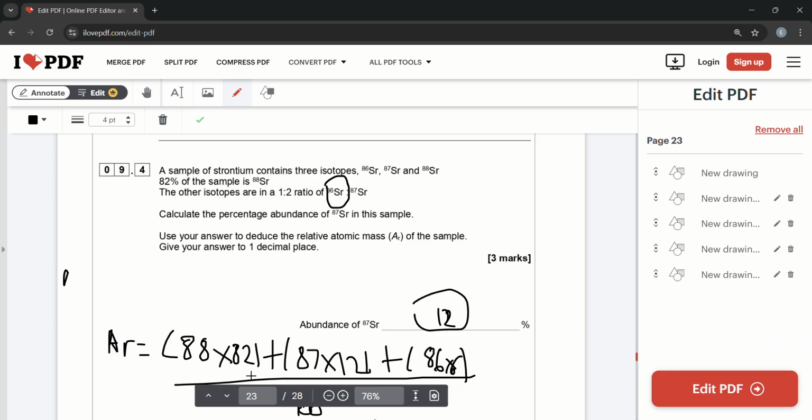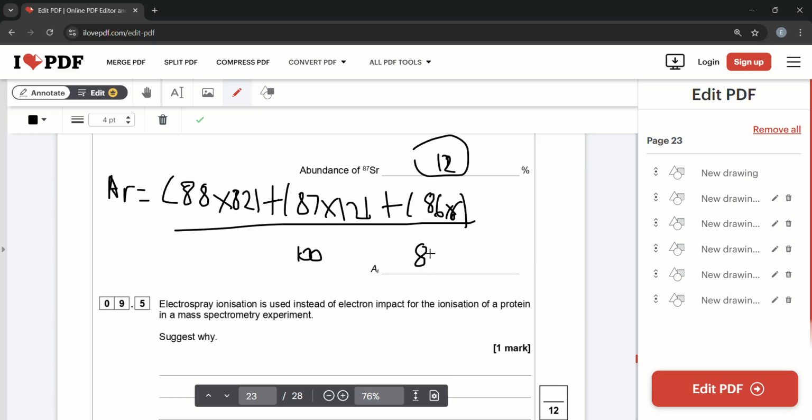And we get 88 times 82 plus 87 times 12 plus 86 times 6, divided by 100. And we get 87.8.